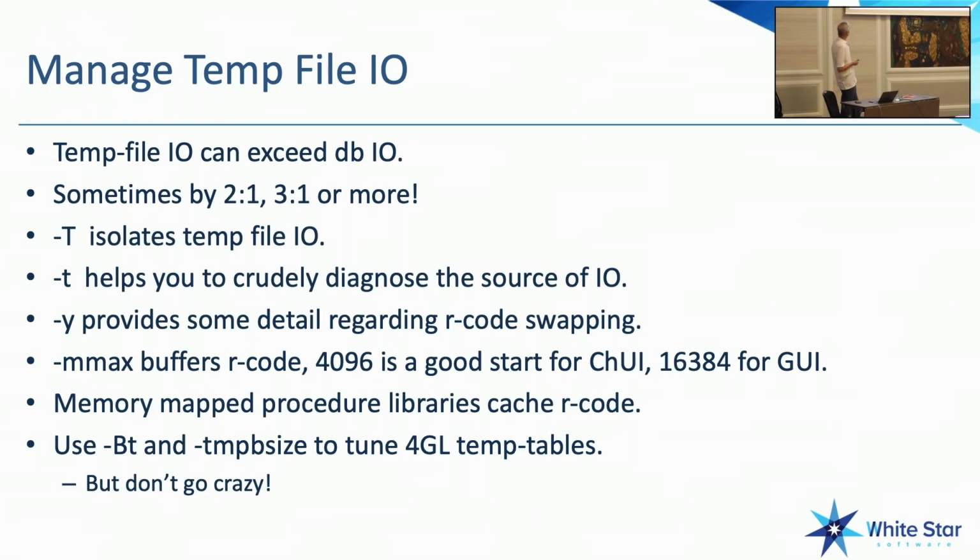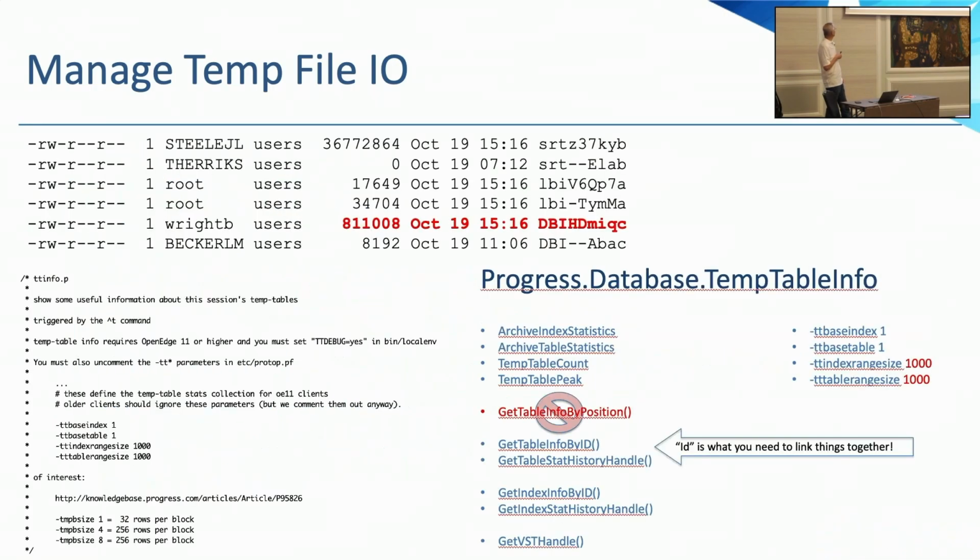Temp file I/O. It's not just the database. It's Progress. It's an application. Temp files have I/O too. You need to manage that from the client side. So there are some parameters that you can use. -T is one of them. You can also get information about what's happening in your temp files.